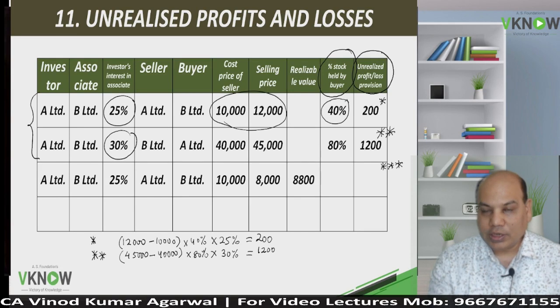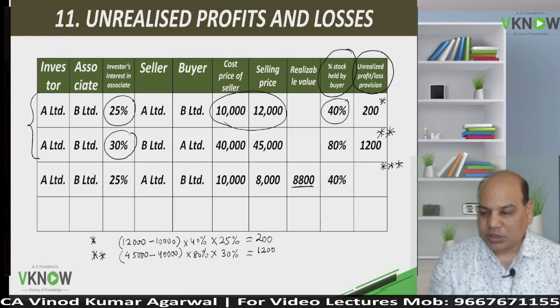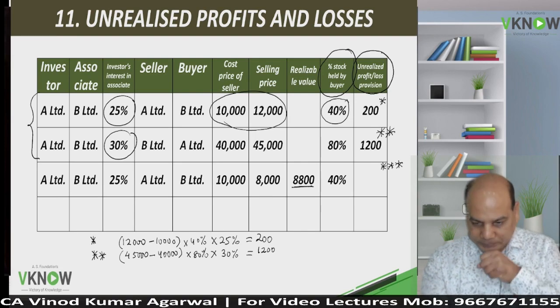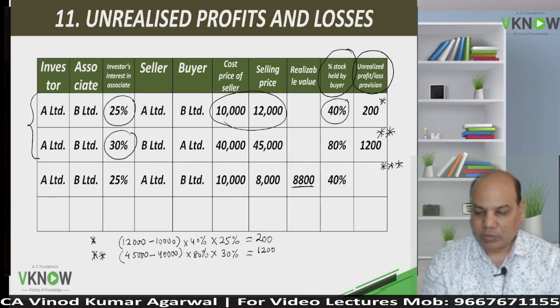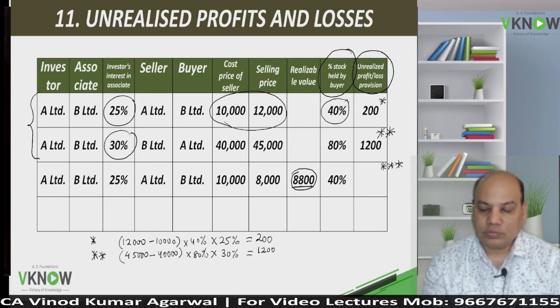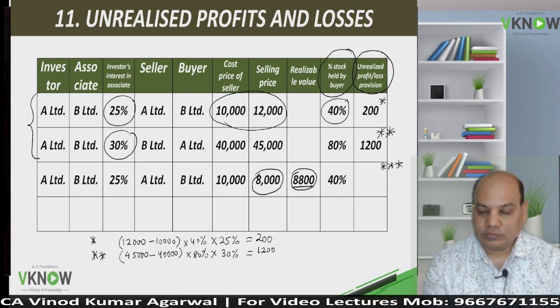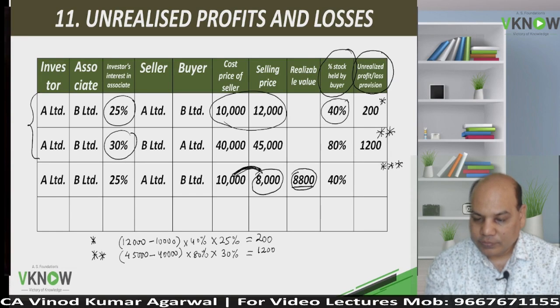And what is the realizable value? 8,800. Percentage stock held 40%. Market price is 8,800, but you have sold for 8,000. Total loss is 2,000. Can you see that?